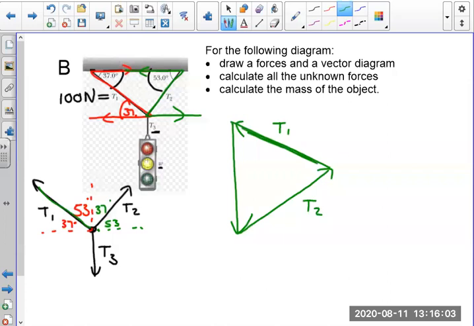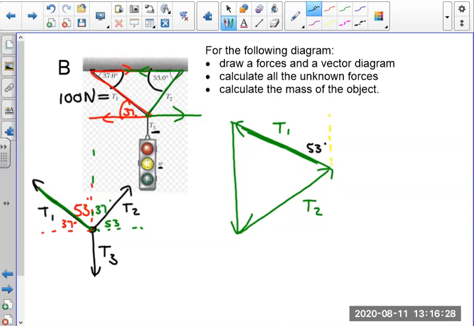All right, now I can put in the angles. When I look at this one, you will see the angle between T1 and the vertical. Let's draw this in yellow. So this angle is going to be 53.